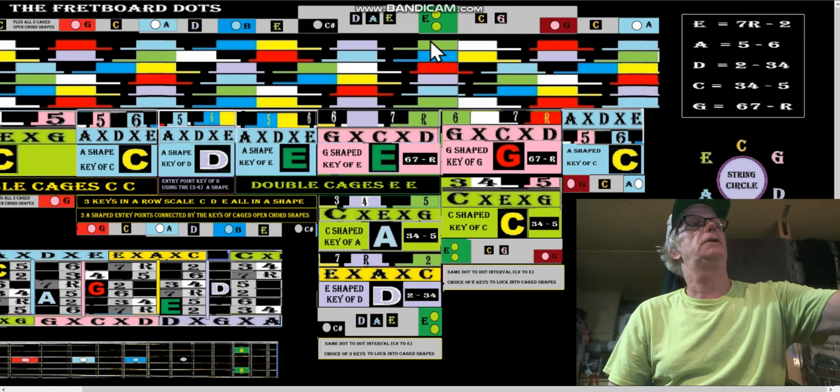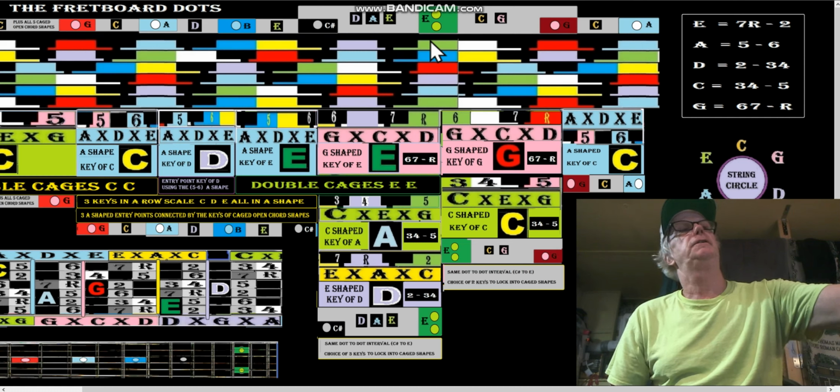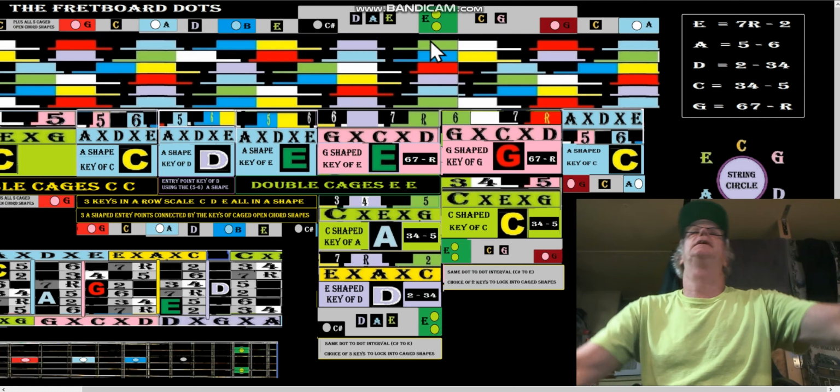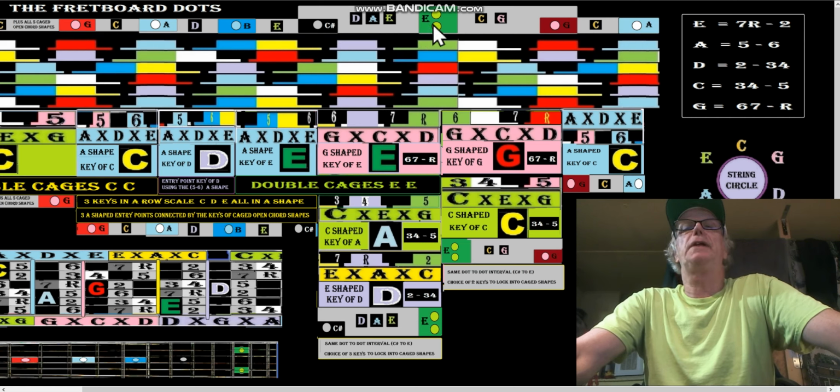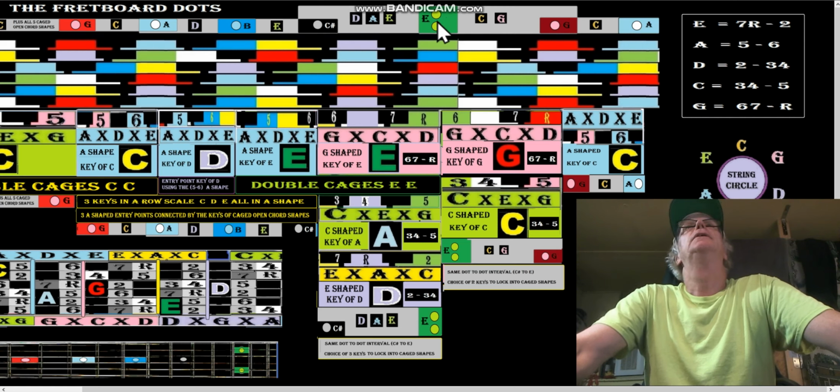Okay, it'd be C sharp, D, D sharp, and E, right there. The two dots, the minor third, that's the lower part, below the octave double dots. And I noticed that these three shapes, there's a G shape, C shape, and an E shape there.